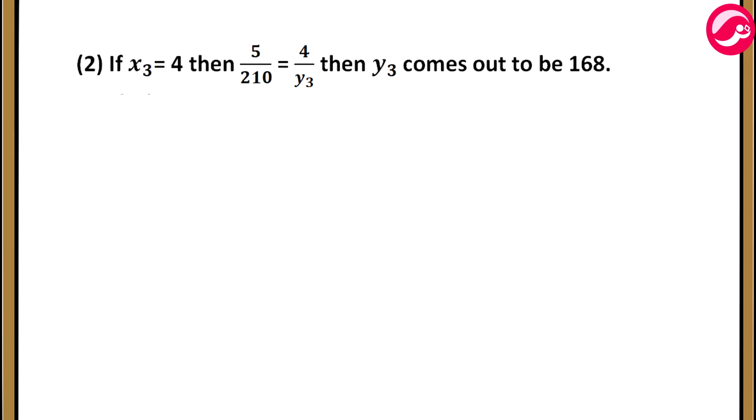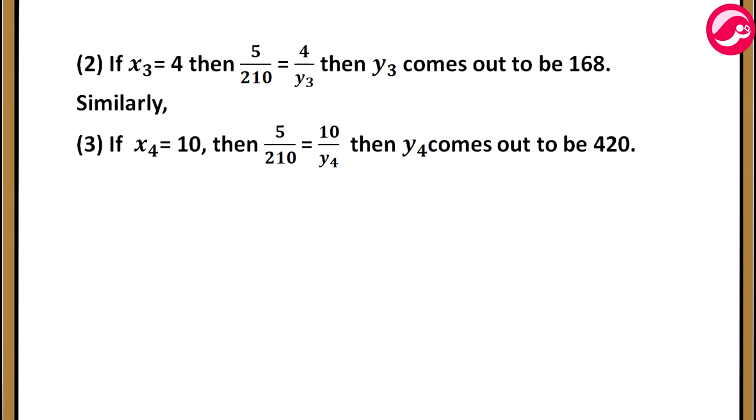Now we can see if x3 is equal to 4, then 5 upon 210 is equal to 4 upon y3. Then y3 comes out to be 168. Similarly, if x4 is equal to 10, then 5 upon 210 is equal to 10 upon y4. Then y4 comes out to be 420.